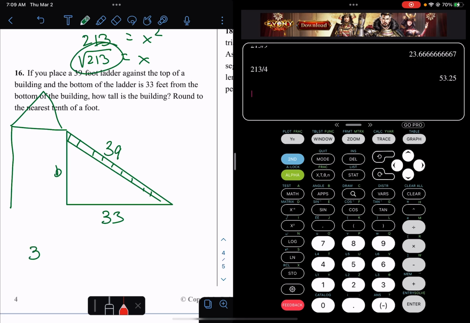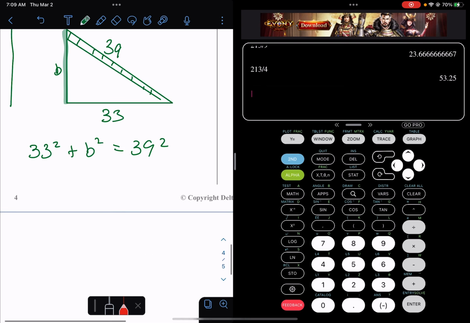So this is what we need to find. They want to know how tall the building is. So we're going to do 33 squared plus b squared equals 39 squared. 39 squared is 1,521. 33 squared is 1089.